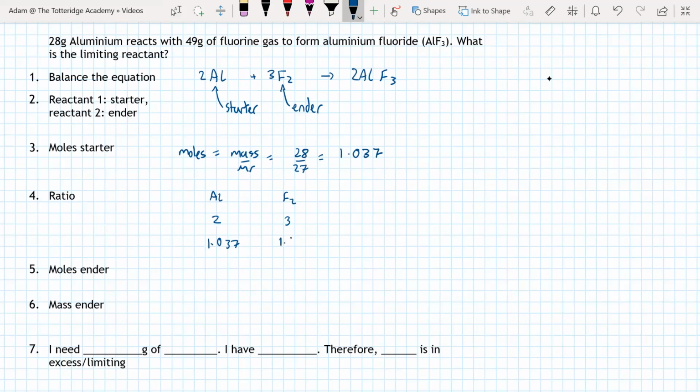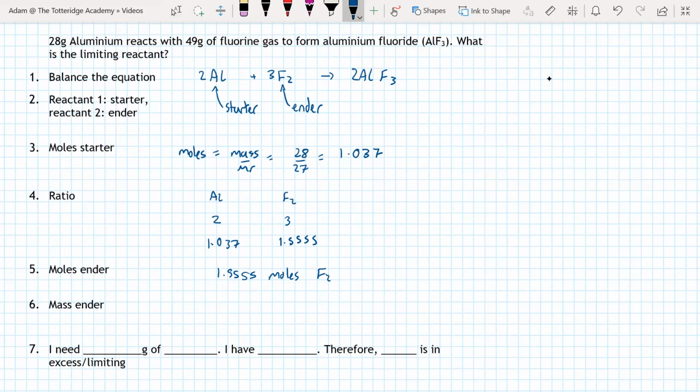Again, if you have no idea how I did that, we've got a whole video earlier on in this playlist that deals with that. So go back and do that one if you did not get this. So the moles of ender, that means I've got 1.5555 moles F2.